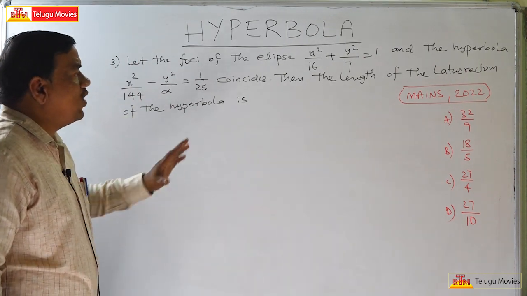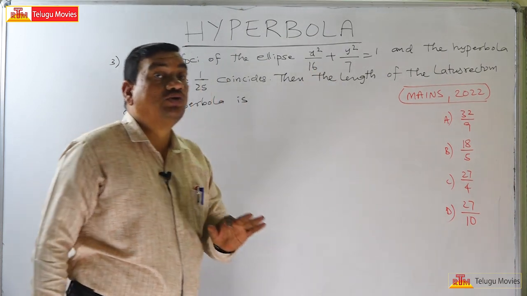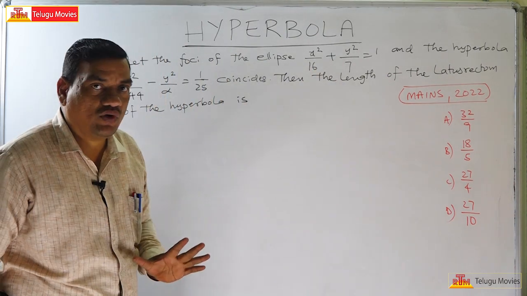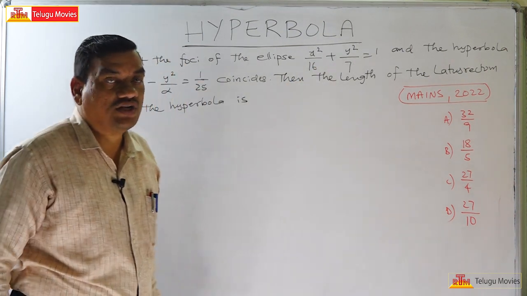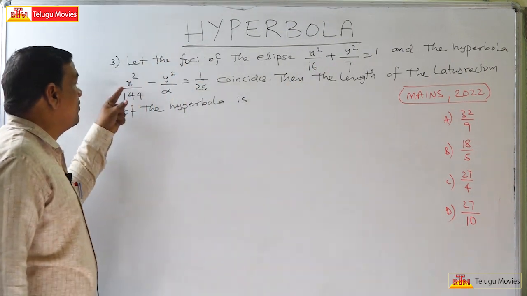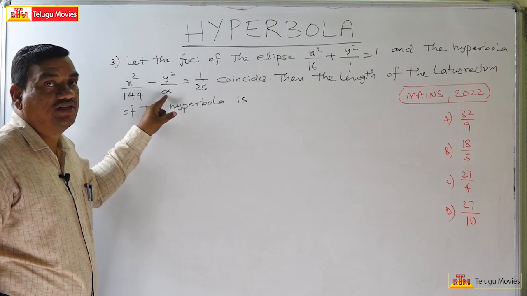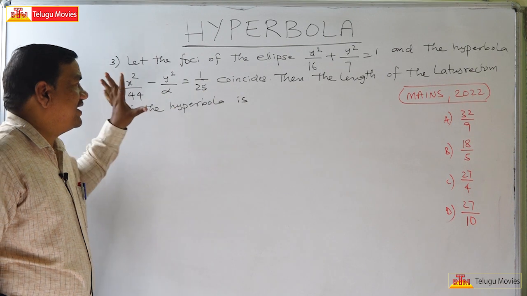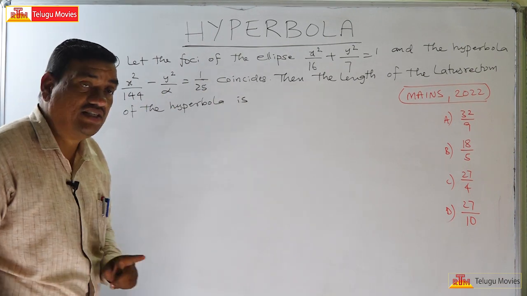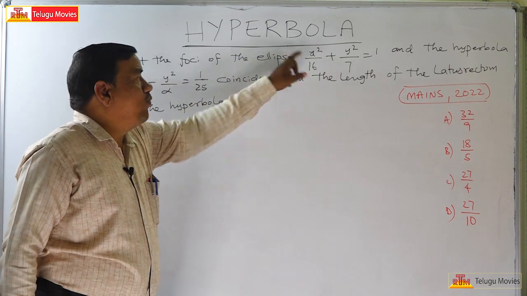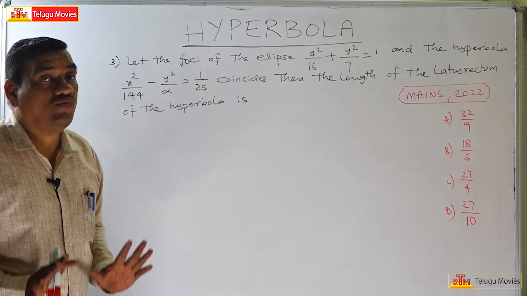Let the foci of the ellipse x square by 16 plus y square by 7 is equal to 1, and the hyperbola x square by 144 minus y square by alpha is equal to 1 by 10. The hyperbola equation is not clear, but the hint is given that both this ellipse and hyperbola have the same foci.